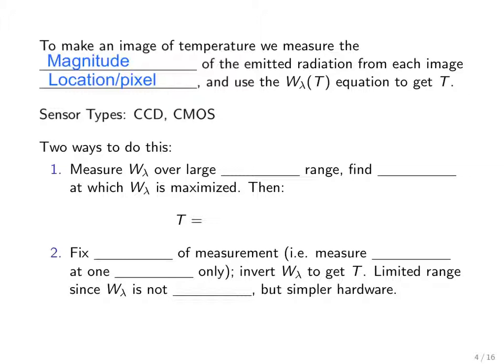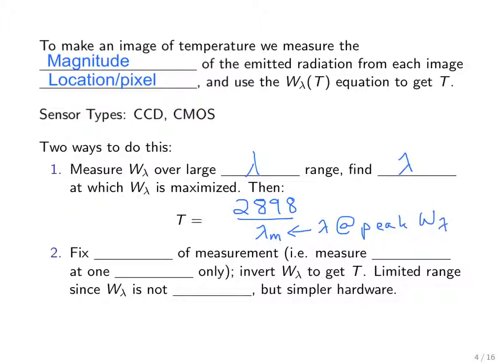One of them is to measure W sub lambda over a large lambda range, and then find the lambda at which W sub lambda is maximized, and then we can use this fixed relationship that the temperature is equal to 2898 divided by the lambda at which the W sub lambda of T maximum occurs. So again, this is the lambda at the peak W sub lambda.